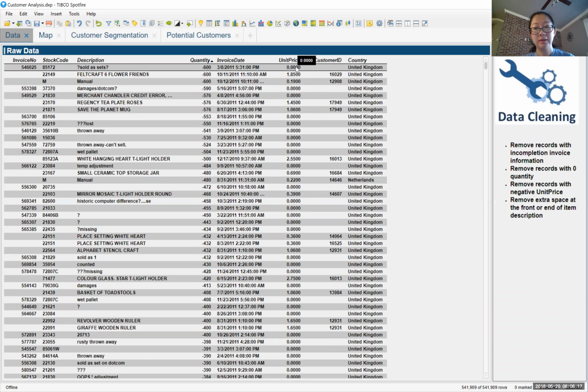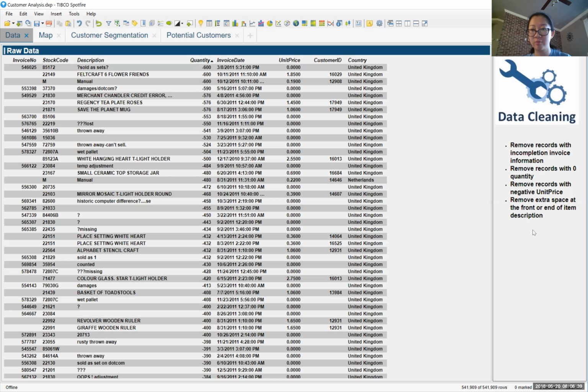Since we don't know too much detail about how the data is captured, I would rather do a quick data cleaning to make the data condensed to a format that is consumable for further analysis.